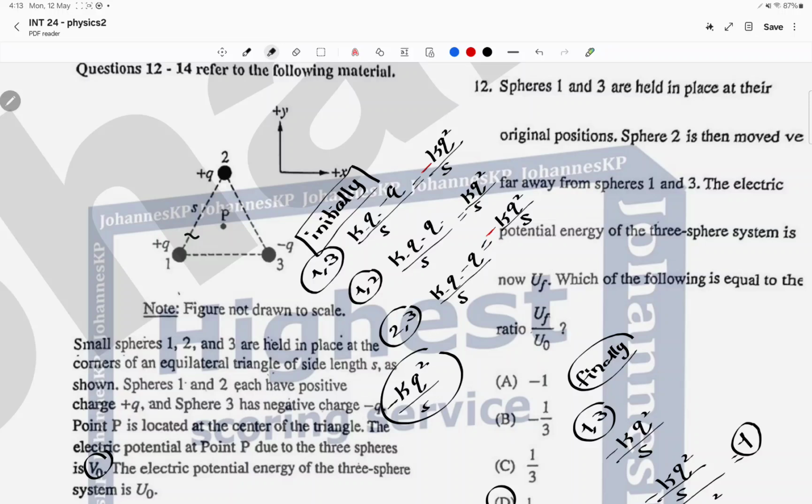Well, it's getting repelled by this guy, but it's getting pulled toward this guy. So it will go towards the negative Q. If we keep drawing this, it's going to go this way. It's the resultant, which is the plus X direction.